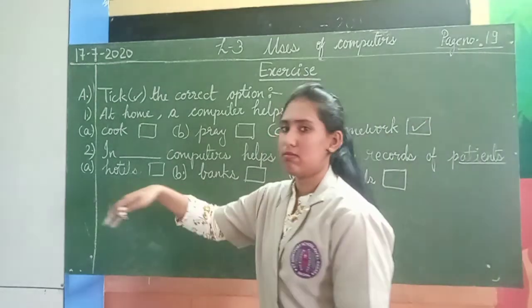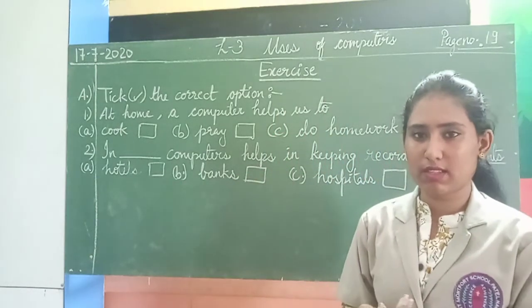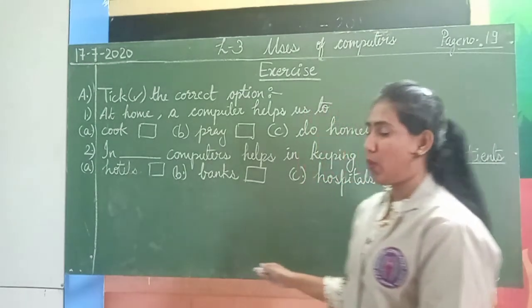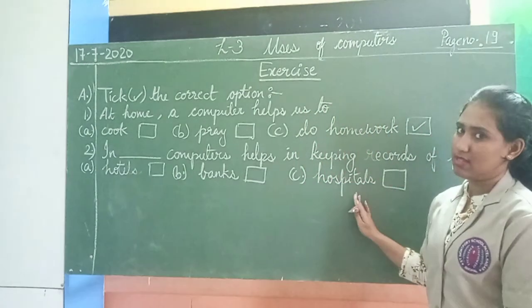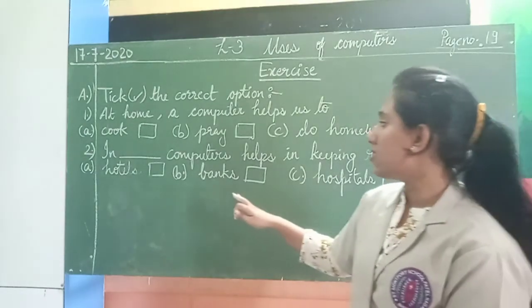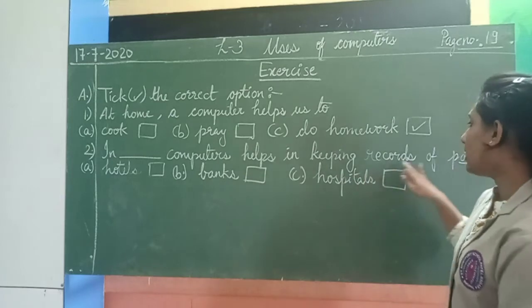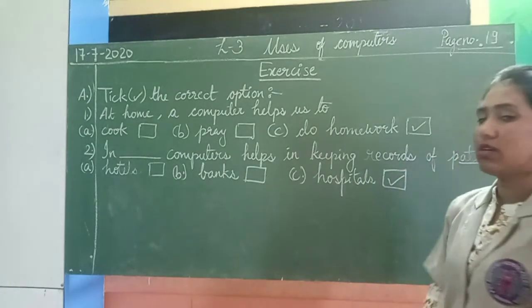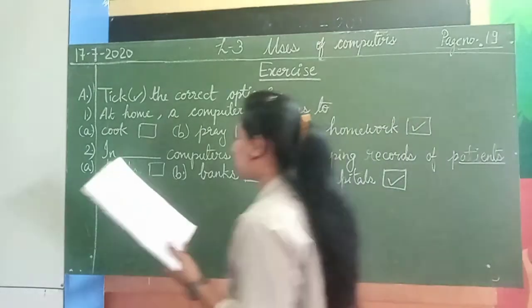At hotels, patients के reports हम hotels में रखते हैं? No. Banks? No. Hospitals. Okay? So at hospitals, है ना? In hospitals, computers help in keeping records of patients. So click on the last option, option C, hospitals.